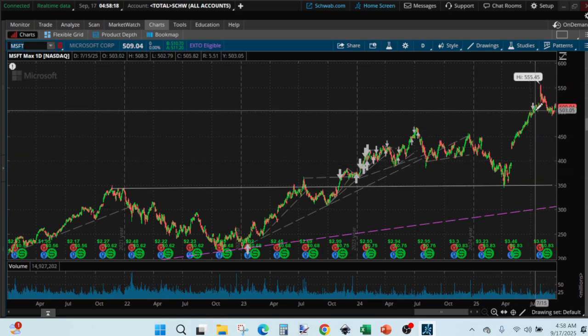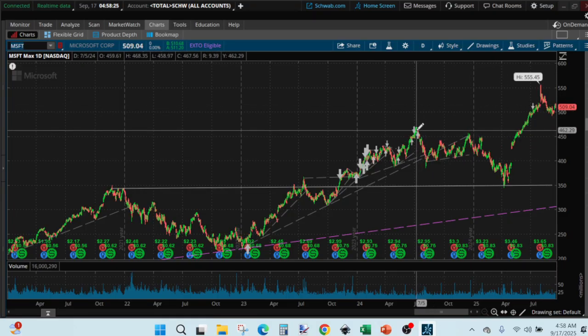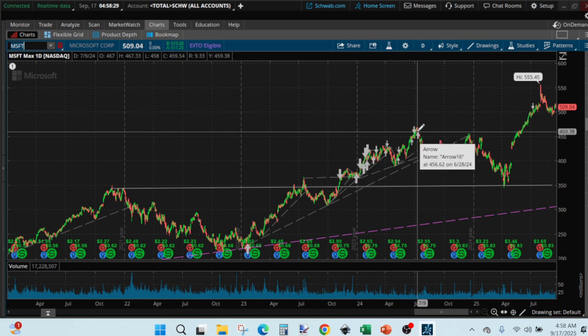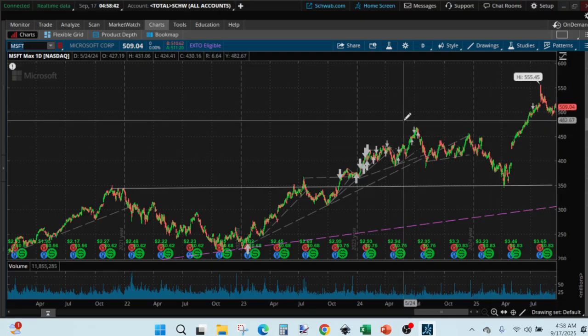Therefore, I was okay with the profit we made from buying it around maybe 457, let's just say 460, and selling it for like 500. So you can see the difference there, pretty much $40 a share. And that is the analysis of this.